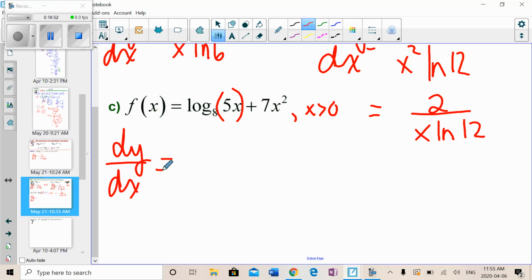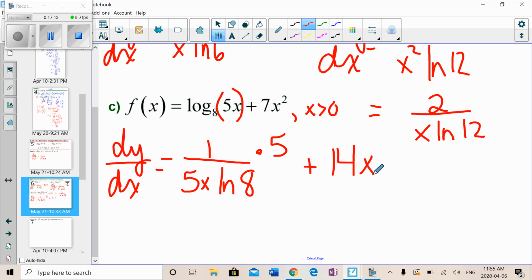So dy dx equals, you derive a log by doing 1 over the quantity you're logging, but ln the base, whatever the base is, in this case it's an 8. And because the 5x is more than just an x, you also have to derive the 5x, so you got to dot 5, and that's the derivative of all that. And then the 7x squared, you've known how to do that one for a long time, so that's just a 14x.